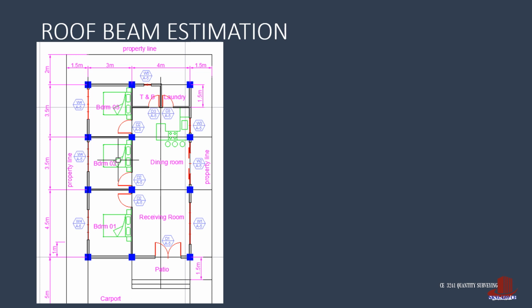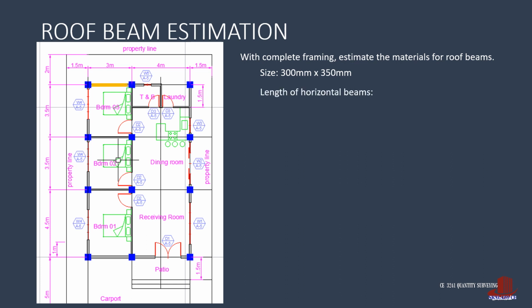Considering that the project is with slab deck roof, there should be complete framing. Next is to estimate the concrete works for the roof beams. From the specifications, the size is 300 by 350 millimeters. So all we need to compute is the length to have the volume. Start with solving the length of horizontal beams.